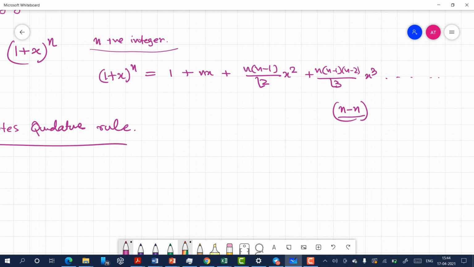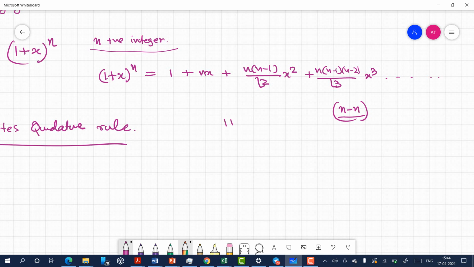So you hit a 0 somewhere, and 0 multiplied by anything becomes 0, and so you don't have any terms beyond that. Okay, so this is a finite series.